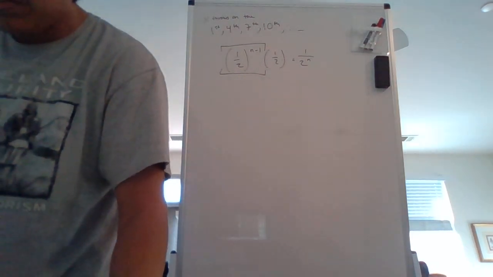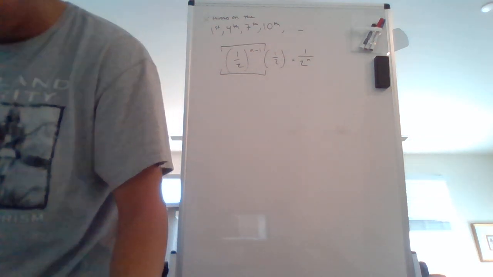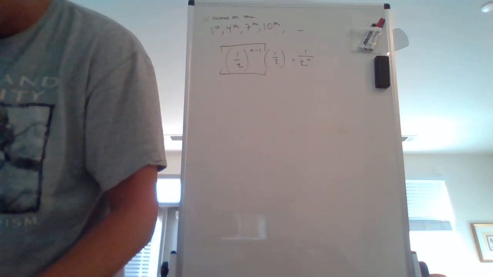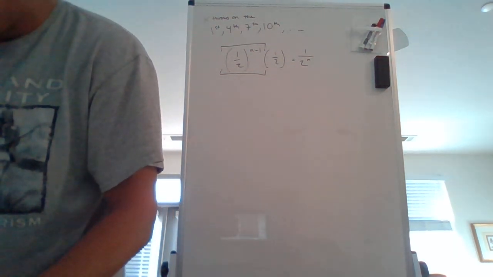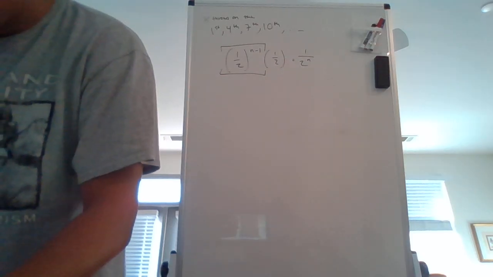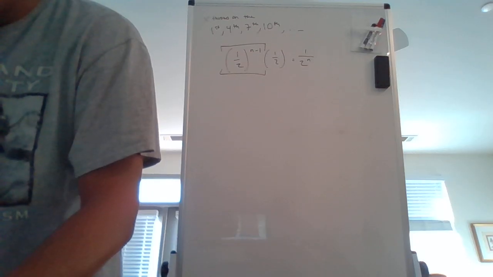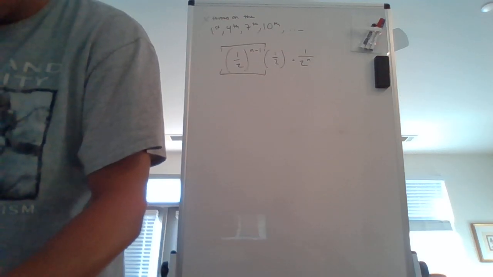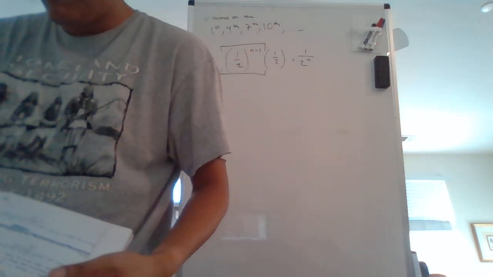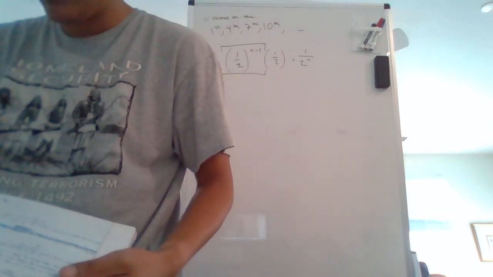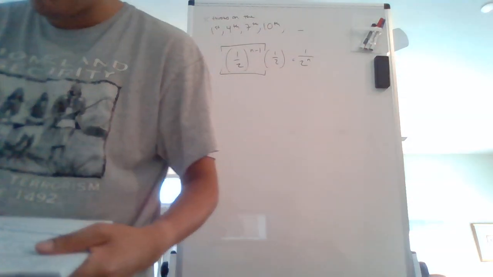If I go back to the textbook, the probability that the first even number occurs on the nth throw is, yes, okay.